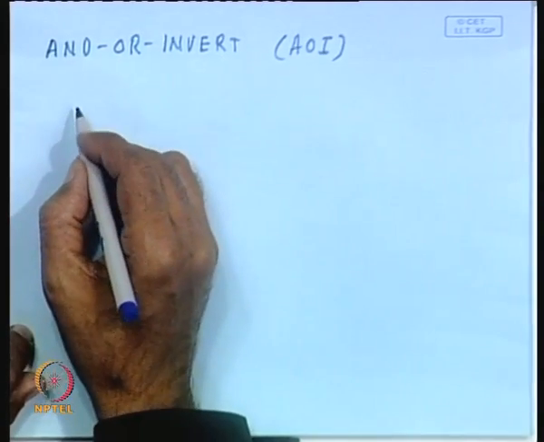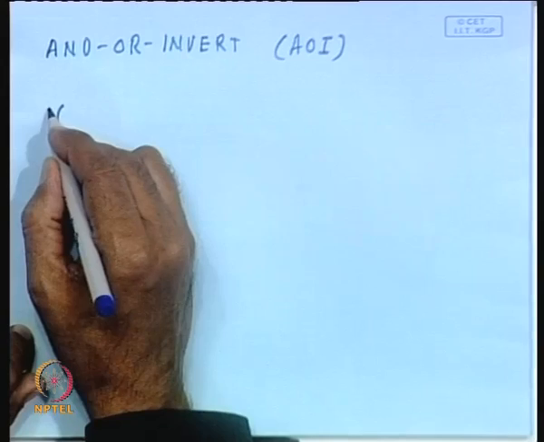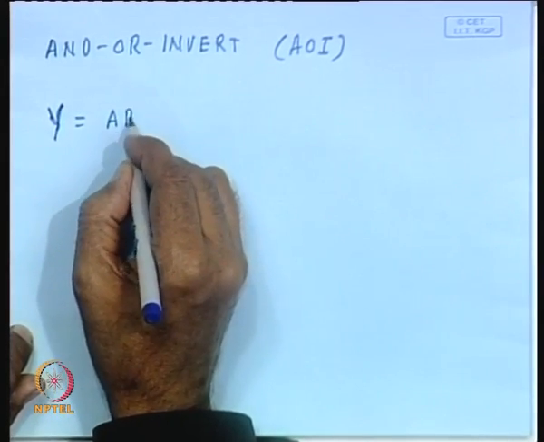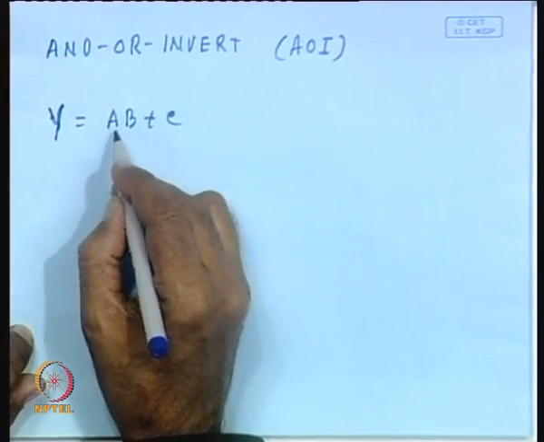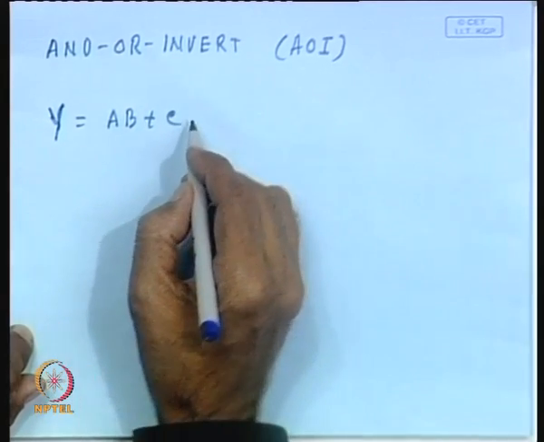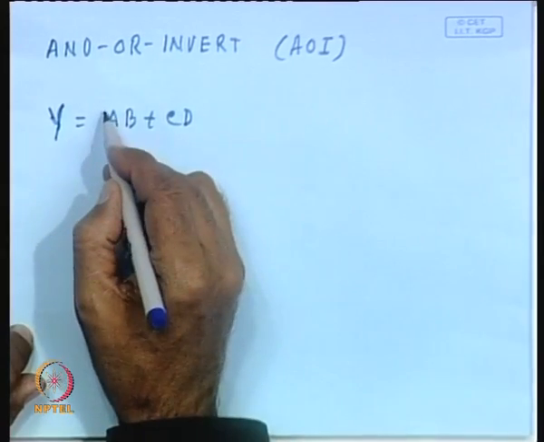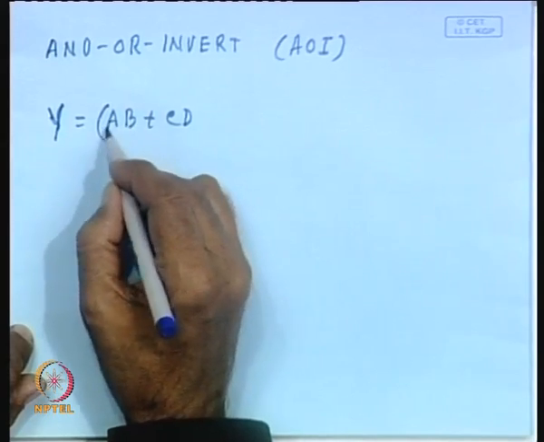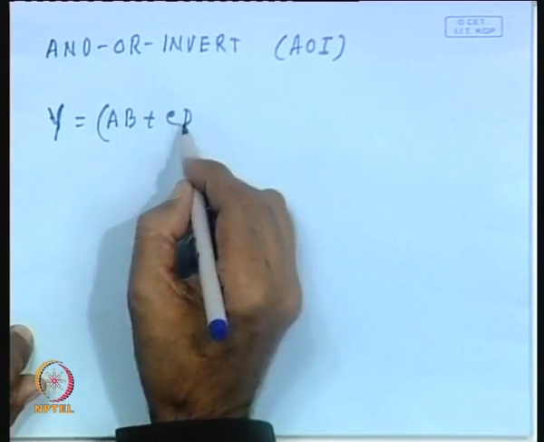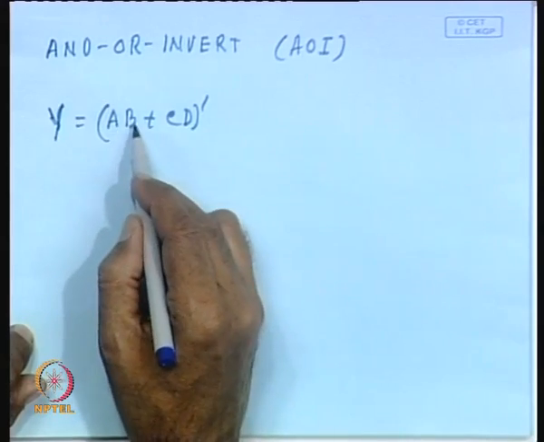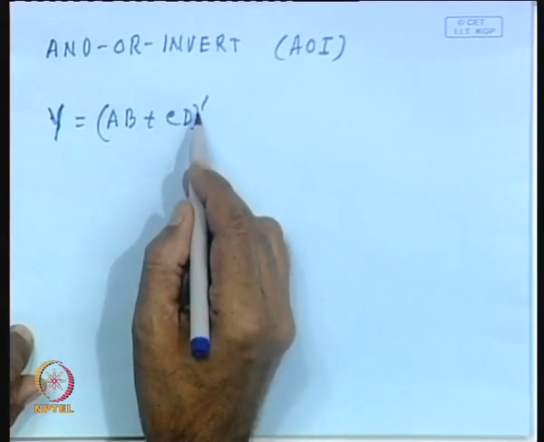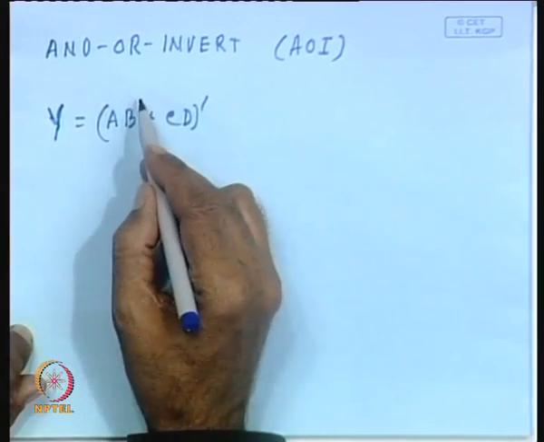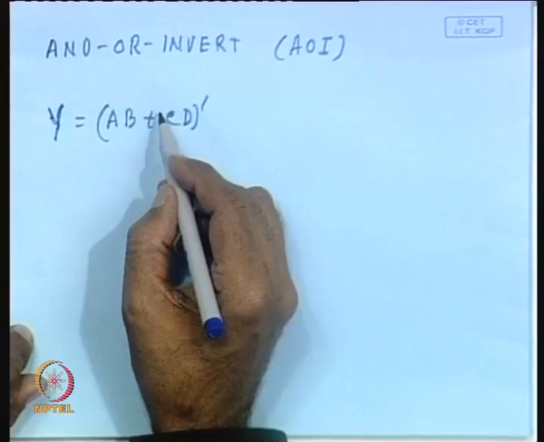For example, say we realize a function Y is equal to AB plus CD. So, you could have put D also here. Then, AND of two product terms, OR of them and then complement. So, AND or invert.